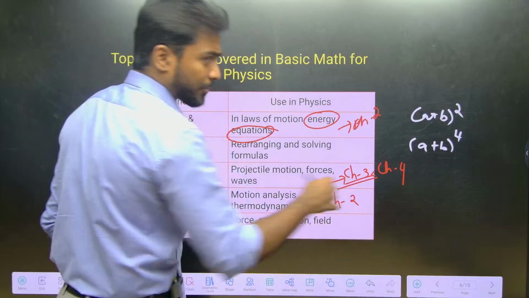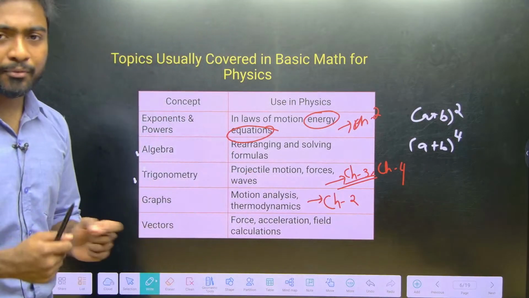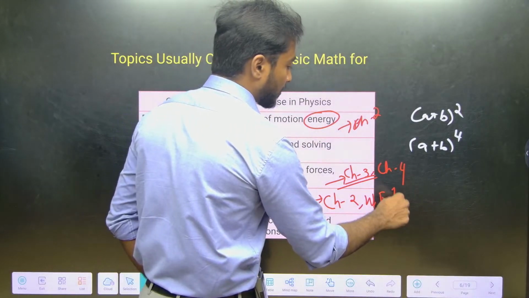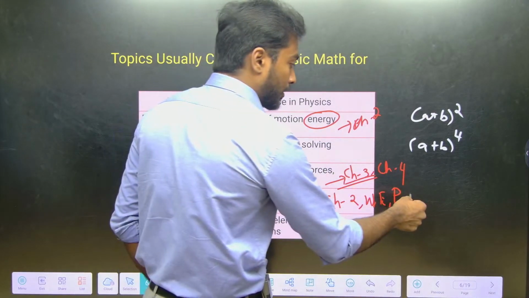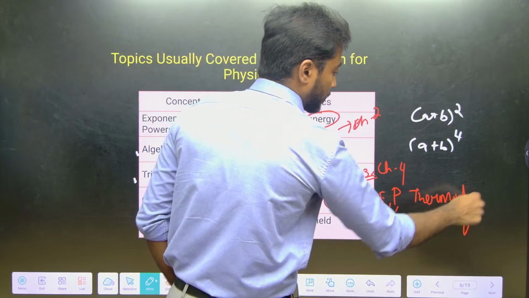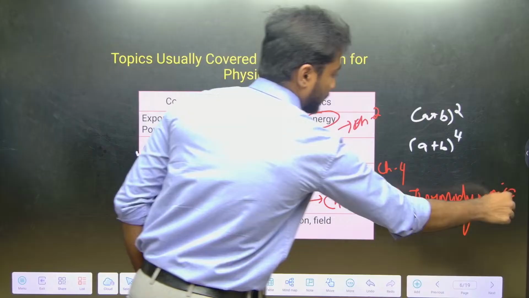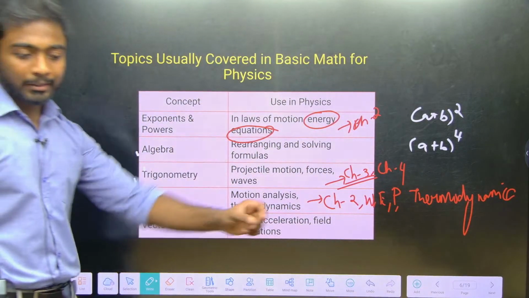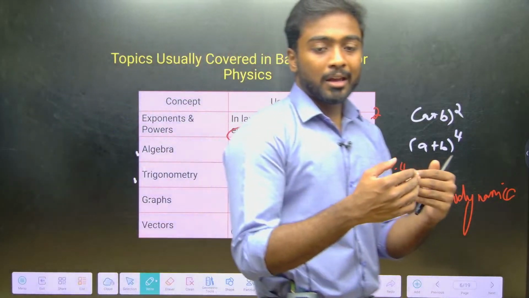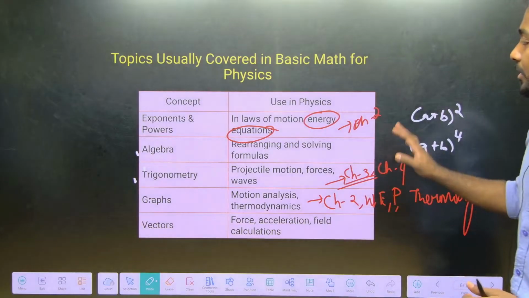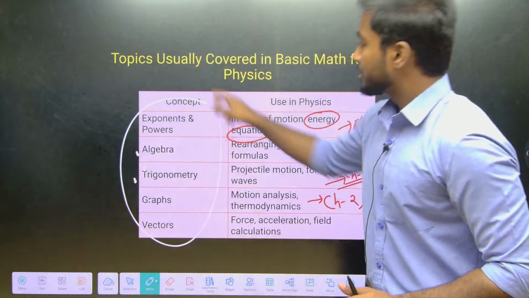Every chapter has some graphs, like chapter 2, then work, energy and power, and thermodynamics, which is important. Then vectors: you will see vectors in every chapter. So these are the topics we usually study in the bridge courses.